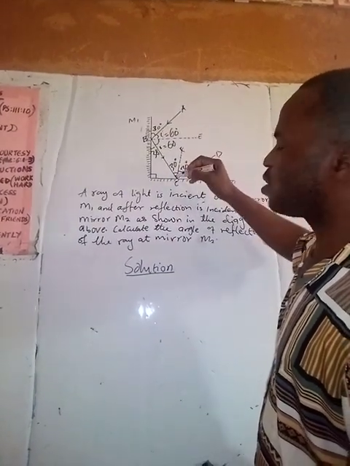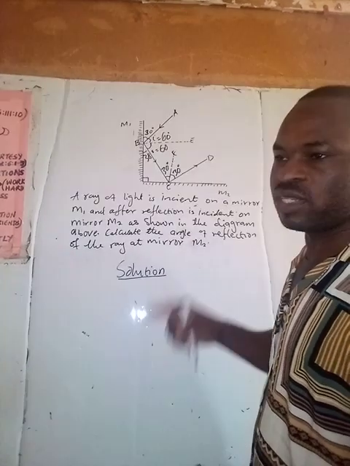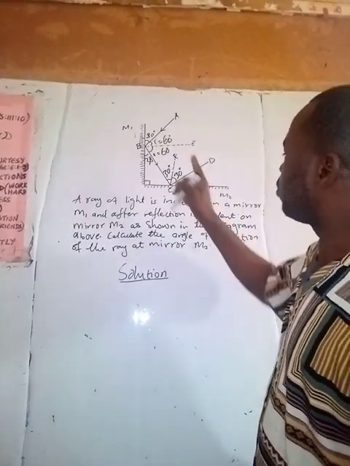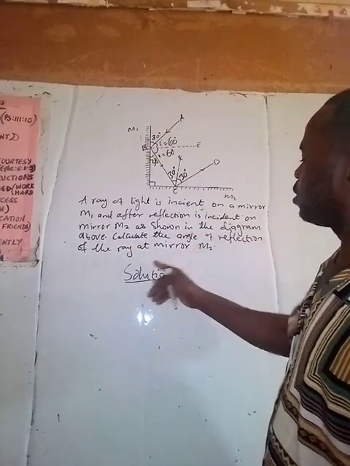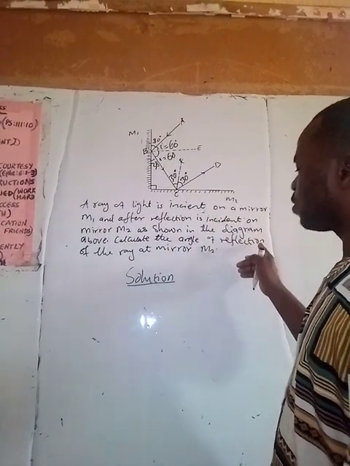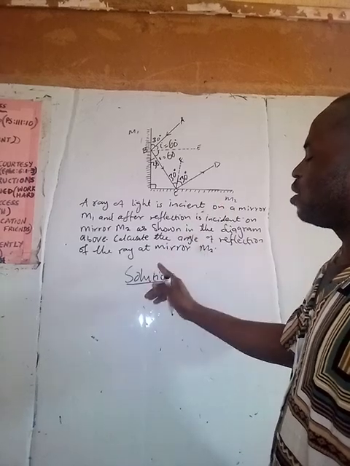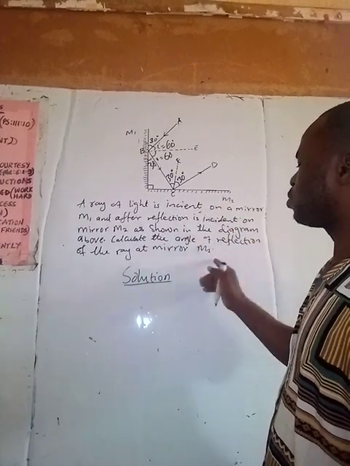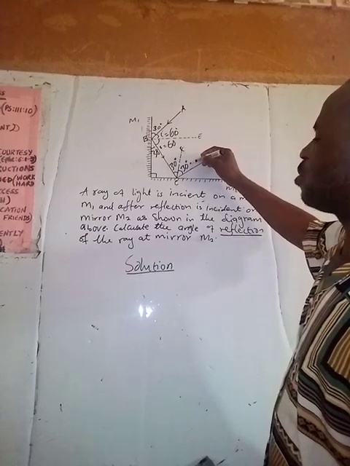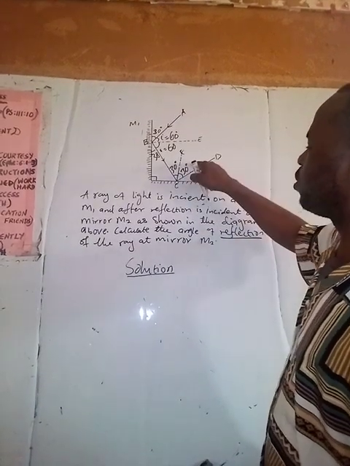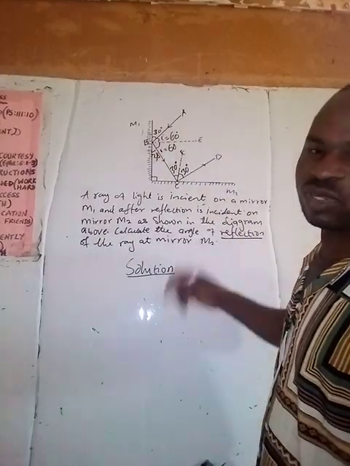The law of reflection states that the angle of incidence is equal to the angle of reflection. So here is 30, here is also 30. The question says calculate the angle of reflection of the ray at mirror 2. This is the angle of reflection in the second mirror here. So our answer is 30.